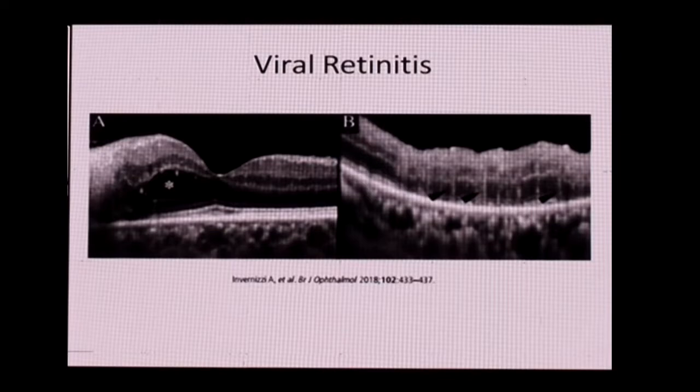In comparison, with the viral retinitis, you have more of an intraretinal involvement, and you have the lesions. They have mentioned these hyperreflective vertical bands, usually seen in the outer nuclear layer, which are supposed to be the infected Muller cells. This is more commonly seen in patients with viral retinitis rather than in toxo.